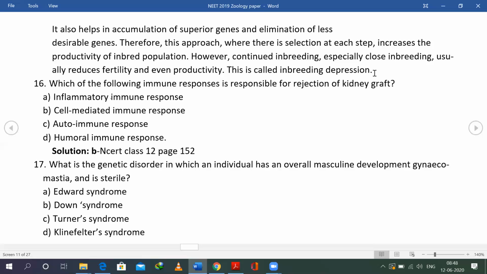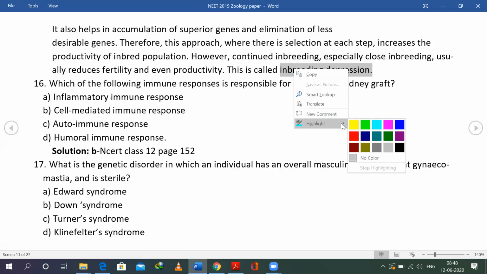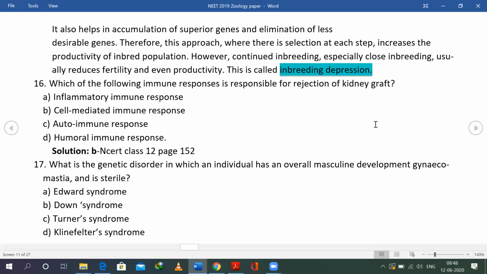So this one is also very important for the examination. Please go through your animal husbandry lesson in NCERT, and you have to study it completely. So you will have a question on that. Inbreeding depression. What is this inbreeding depression? How would you avoid it?